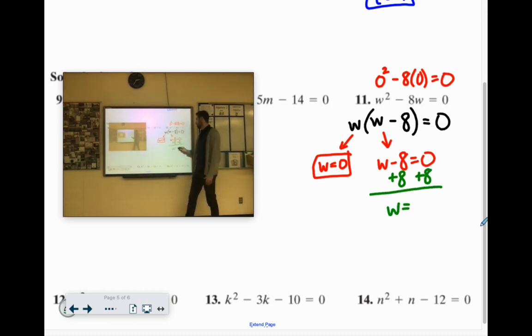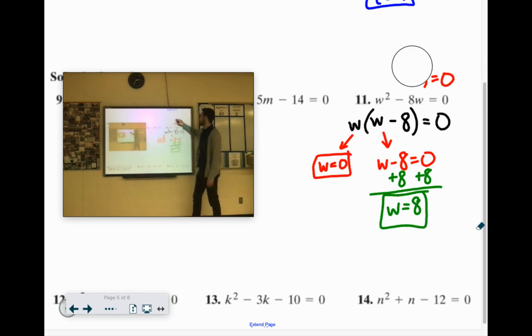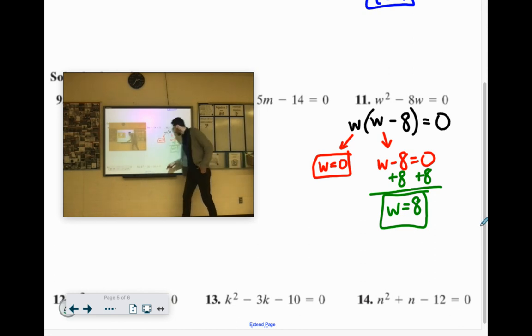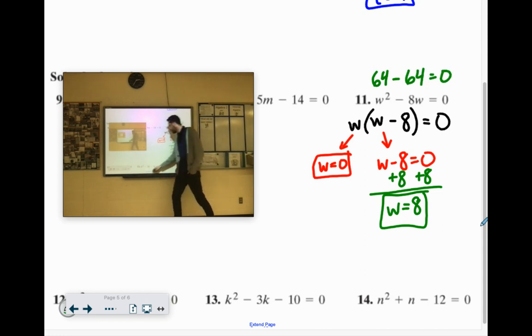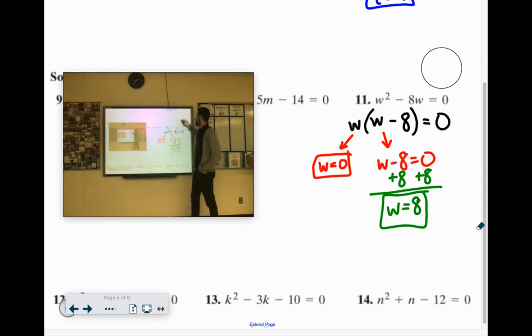We get w equals 8. Now, if you put that into the original equation, 8 squared is 64, minus 8 times 8 is 64, and 64 minus 64 is 0. So that one works out as well.